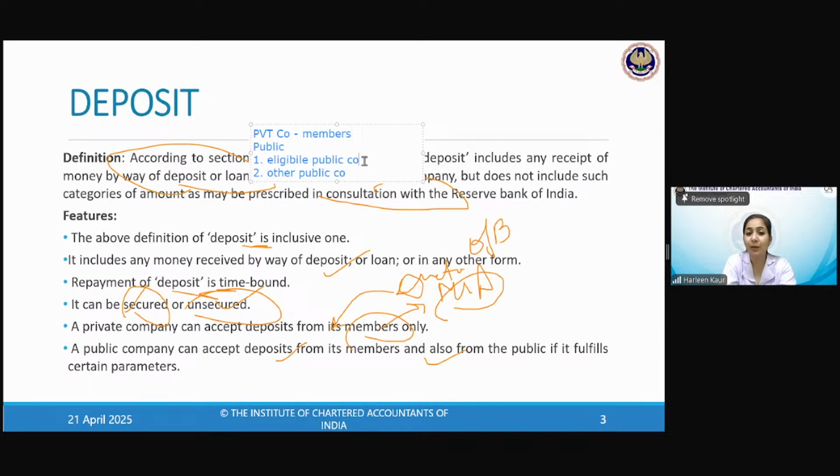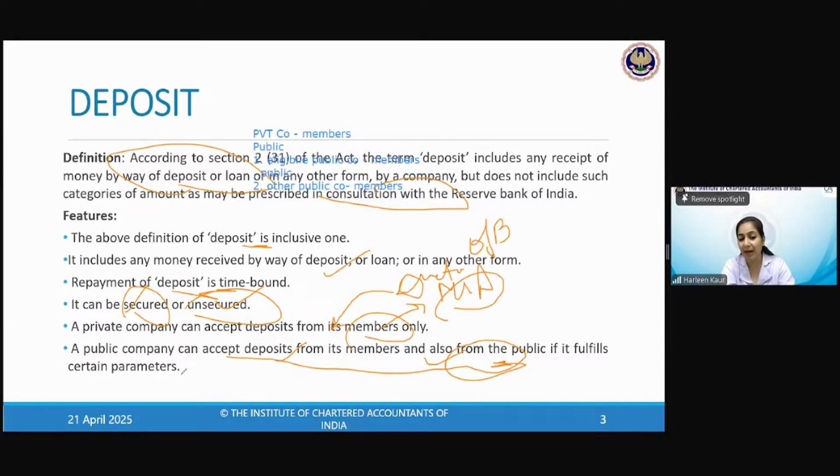This eligible public company is one which can go to the members as well as the public, but the other public company will again accept the deposit only from its members. So this is the meaning of the last line written over here. That is, a public company can accept the deposits from its members and from the public if it fulfills certain parameters. So if it is an eligible public company, then yes, it can accept the deposits from outsiders also.